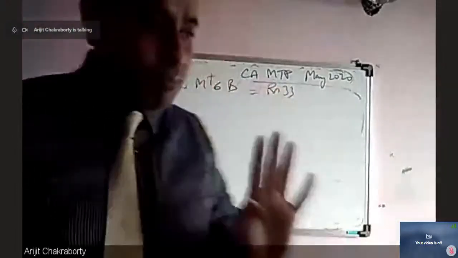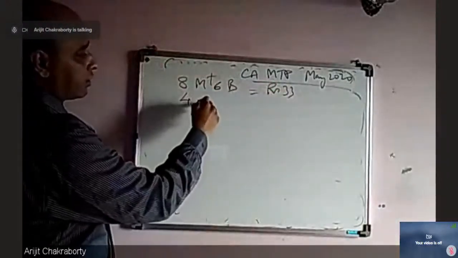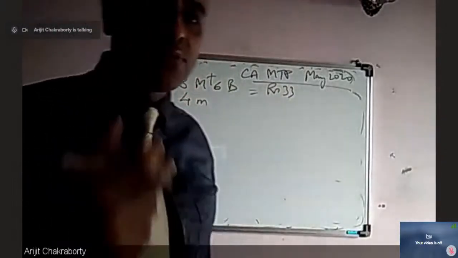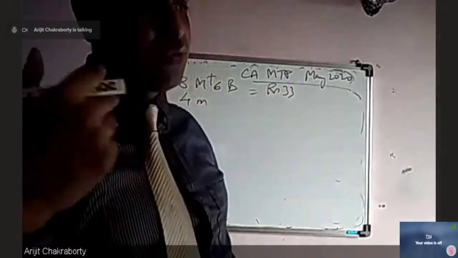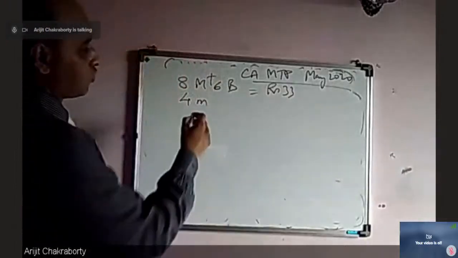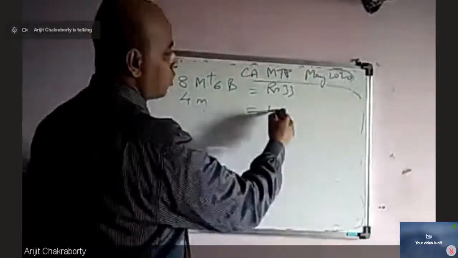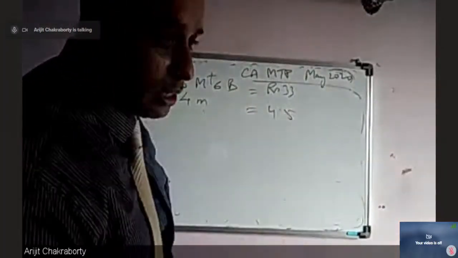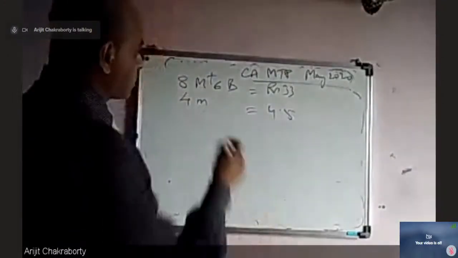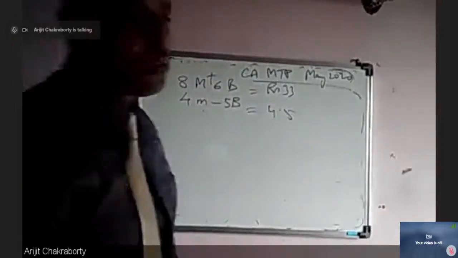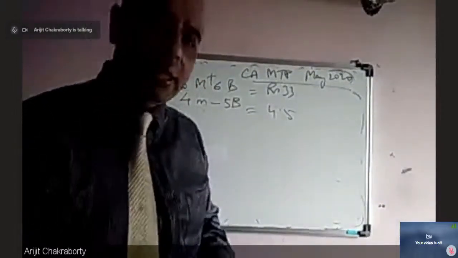If 4 men are earning rupees 4.5 more than 5 boys. So 4 men are earning rupees 4.5 more than 5 boys. You have to find out the wages of the man and the boy.